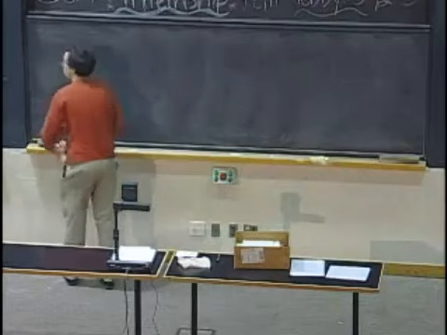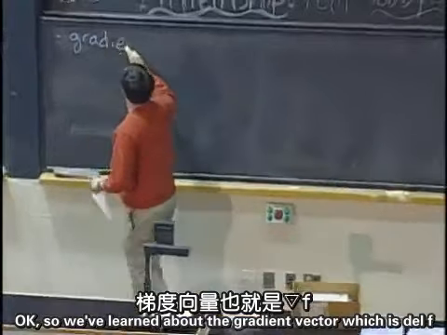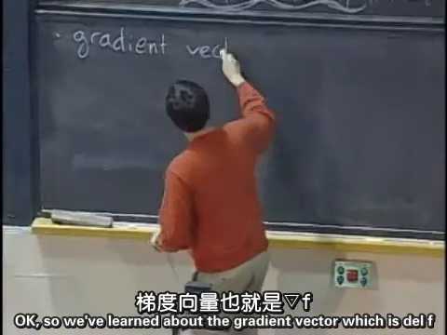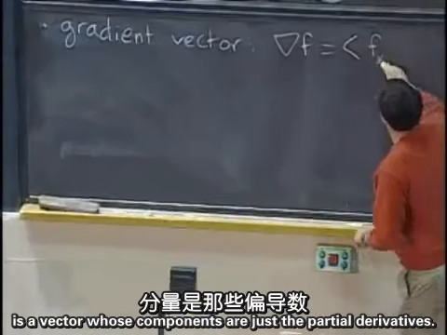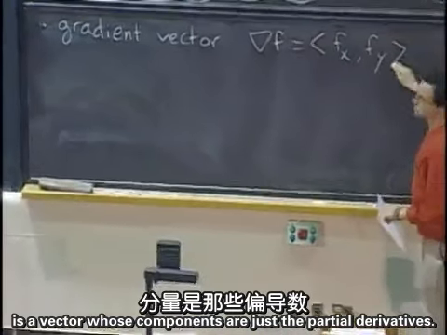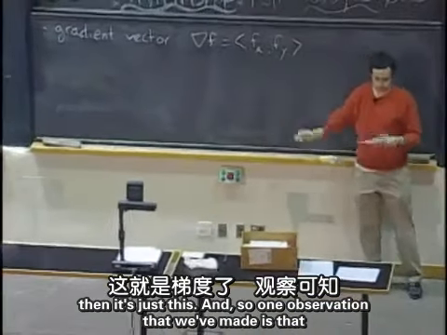So we've learned about the gradient vector, which is del f, a vector whose components are just the partial derivatives. So if I have a function of just two variables, then it's just this.